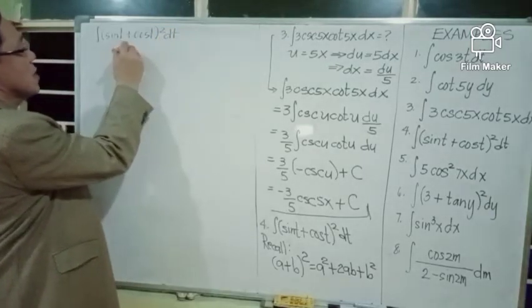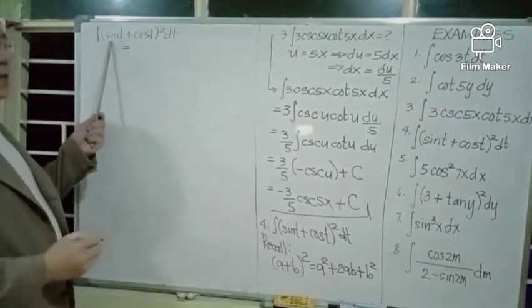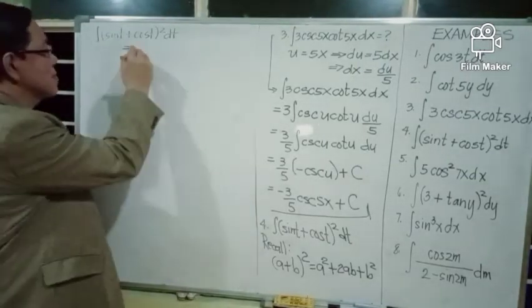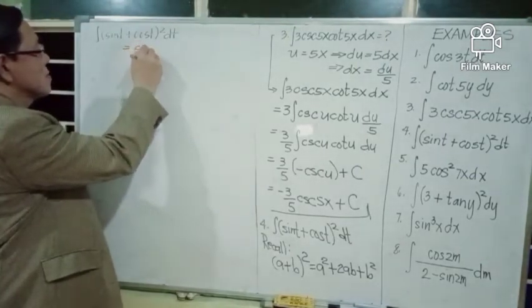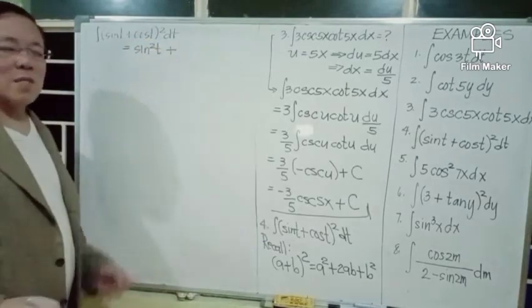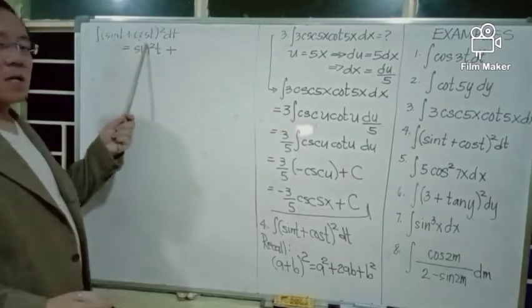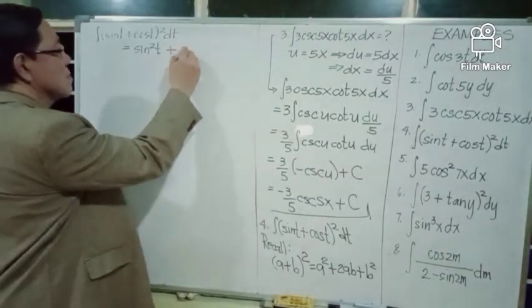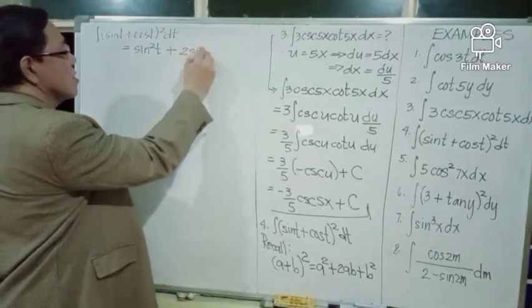is now equal to the square of sine t, sine squared t, plus twice the product of sine t and cosine t, 2 times sine t cosine t.